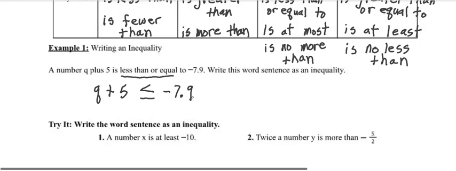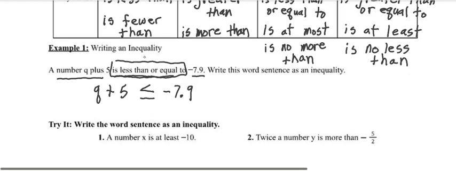Okay? So right here where it starts with the word "is," that's where it breaks apart into that middle part. This is where it's being separated. So you have a number Q plus 5, is less than or equal to, and then you have your negative 7.9.